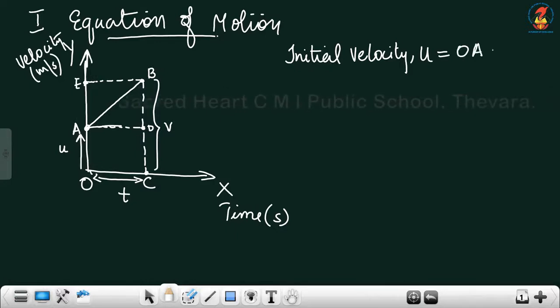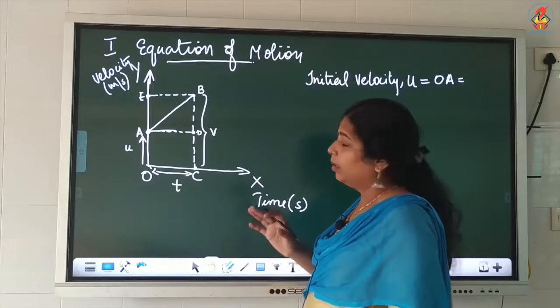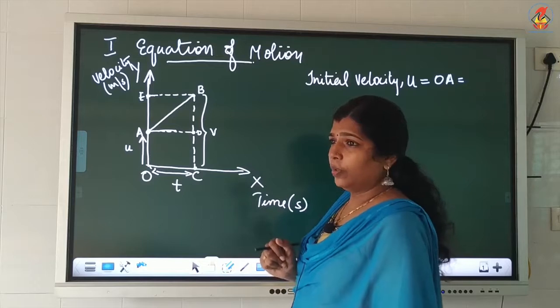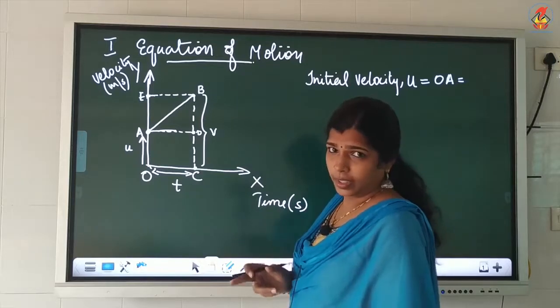Now what is the shape OADC? Actually it is a square or a rectangle. It can be a square or rectangle. So when you draw it, it should be a rectangle.